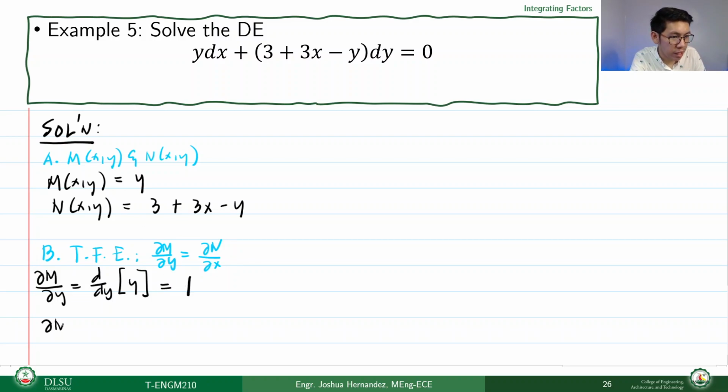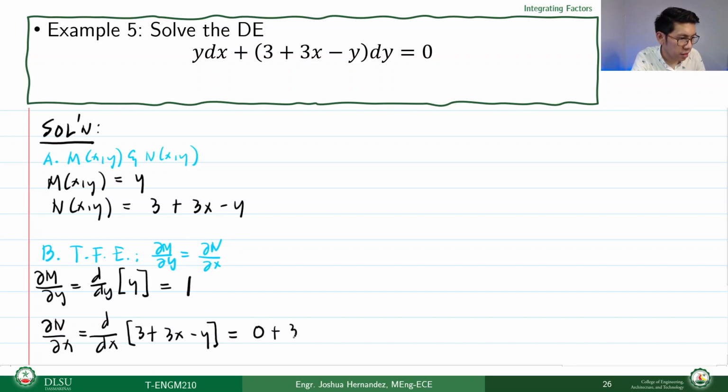Partial derivative of N with respect to x actually is the derivative with respect to x of 3 plus 3x minus y. This gives us 0 plus 3 plus 0. Clearly, this is not exact.